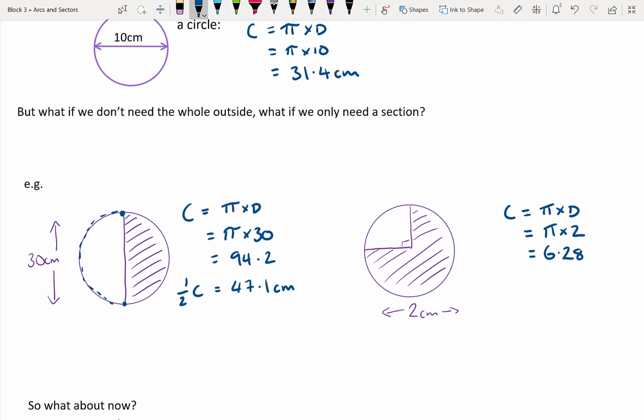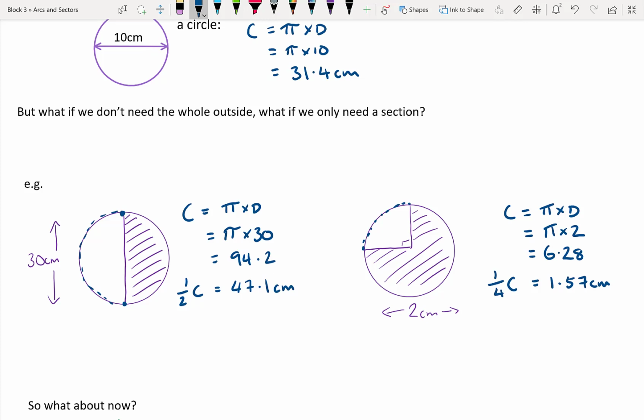But I'm only interested in that top quarter of the circle. I know it's a quarter because there's a little right angle there to tell me that there is 90 degrees. We'll come back to that in a minute. But just now I want a quarter of it. So a quarter of that, divided by 4, is 1.57 centimeters. So again, this time I'm interested in that bit.